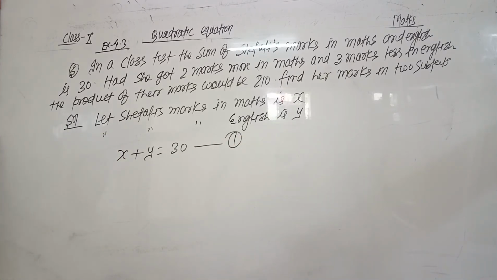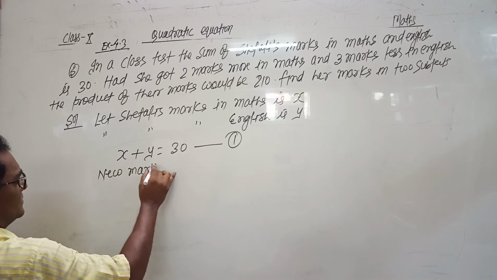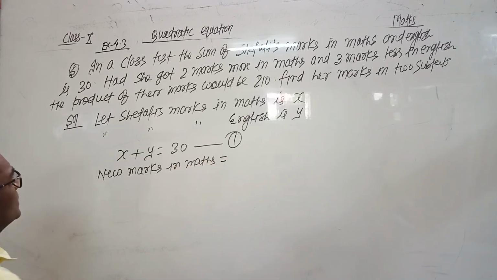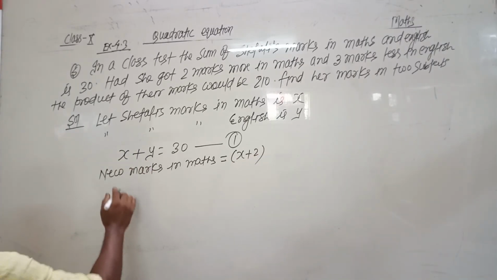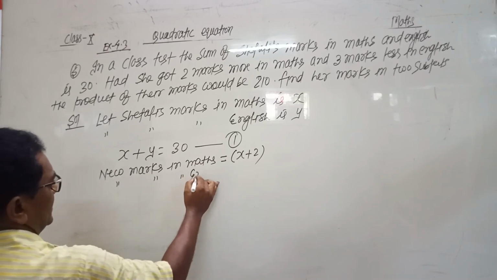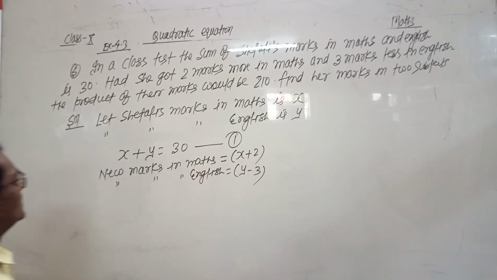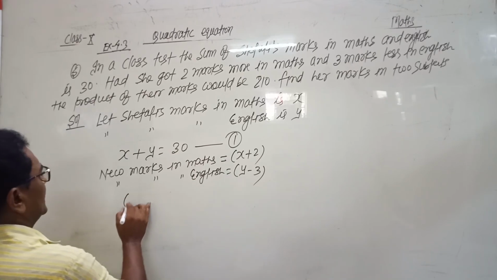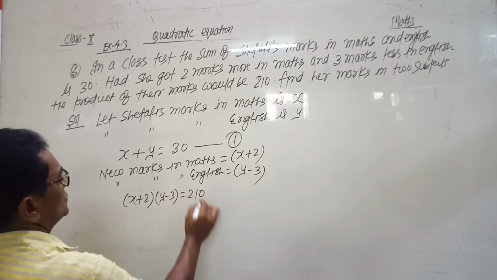Had she got 2 extra marks in mathematics, new marks in maths are X plus 2, and 3 marks less in English, new marks in English are Y minus 3. Then the product of their marks would be 210, so X plus 2 into Y minus 3 equals to 210.